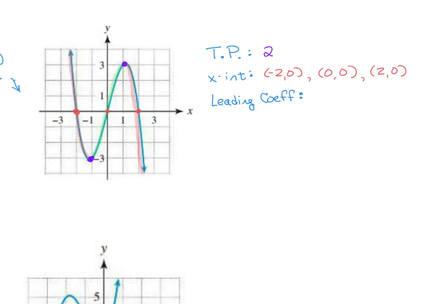Because our end behavior is up and then down, this is going to be a negative leading coefficient. And the last thing that we want is minimum degree. Because we have 3 x-intercepts and 2 turning points, my minimum degree is going to be 3.